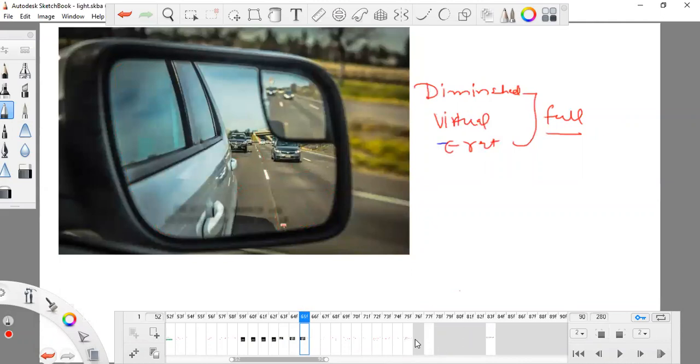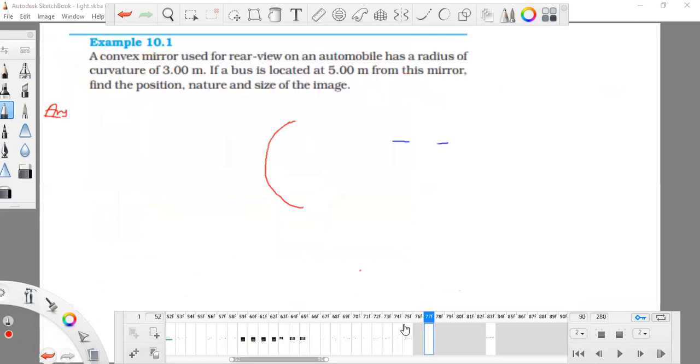And I also know how the images form: all the images formed by this type of mirror are at this side. For a convex mirror I'm pretty sure about some things, and that's what I'm writing.